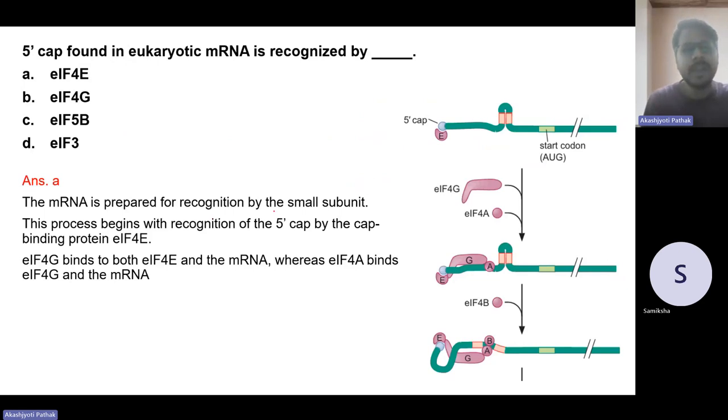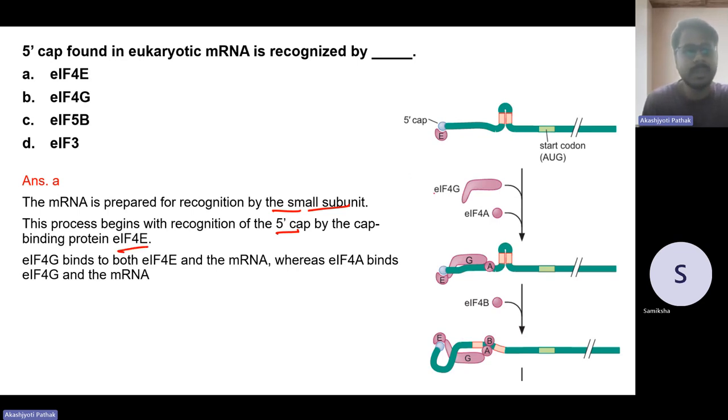So the mRNA is prepared for recognition by the small subunit. The mRNA is not directly recognized by the small subunit of the ribosome, so you have to prepare the mRNA so that it can be recognized by the ribosome. For preparing this mRNA, a couple of initiation factors are required. This process begins with the recognition of the 5' cap by the cap binding protein eIF4E.